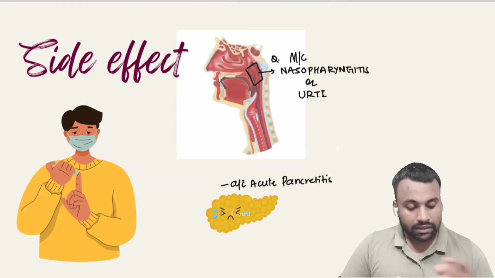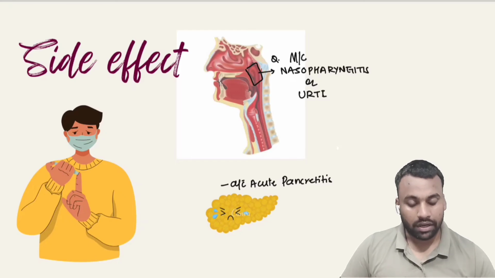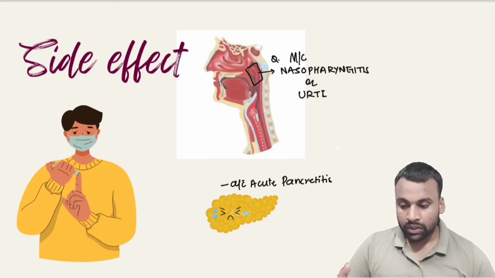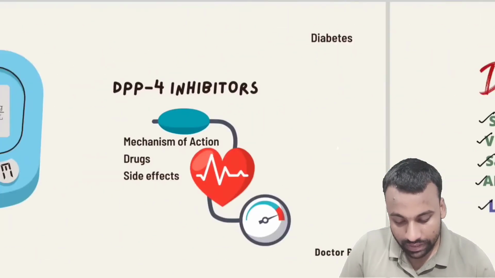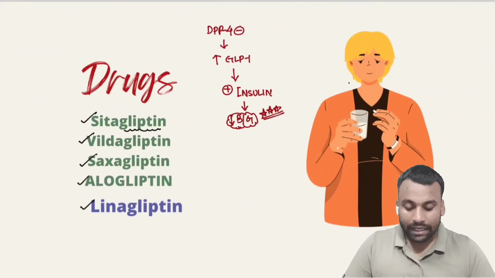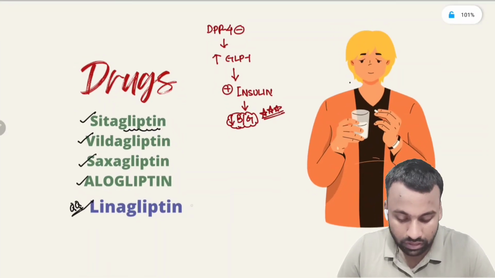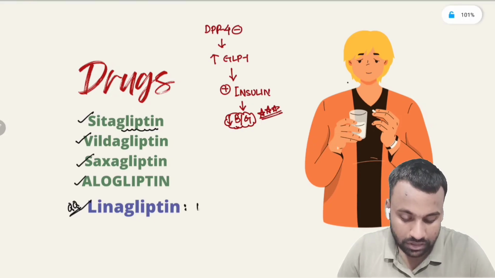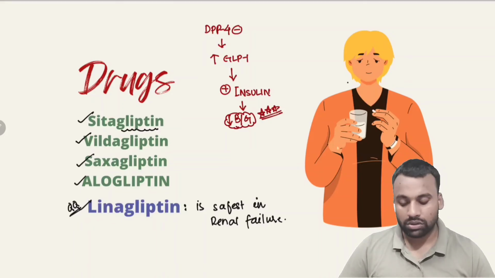Dose adjustment is required in renal failure. But you can learn this from the exam point of view: only linagliptin is the safest in renal failure, meaning it does not require any dose adjustment.